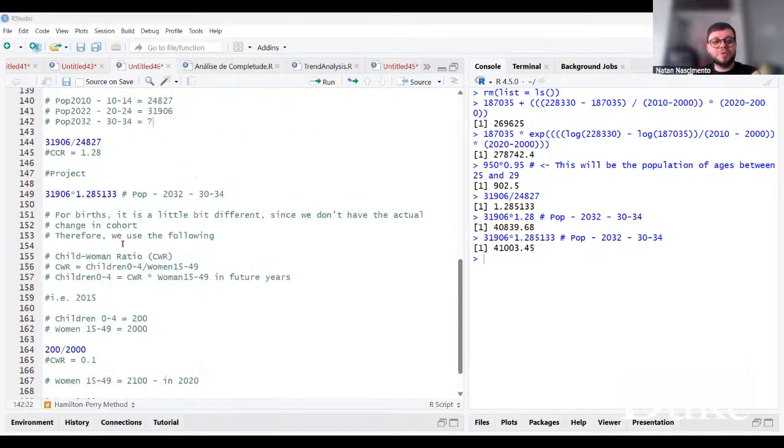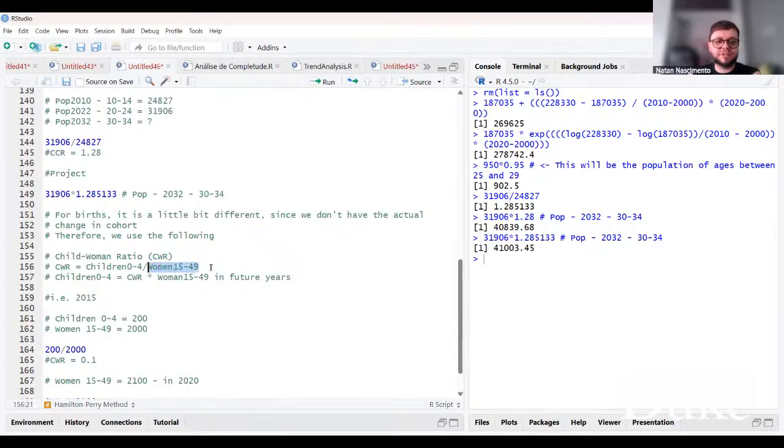So since we don't have actual change in cohorts, we use the child-woman ratio. So we create, for a given time, the children, 0 to 4, I'm using a 5-year period here, and the women between 15 and 49.